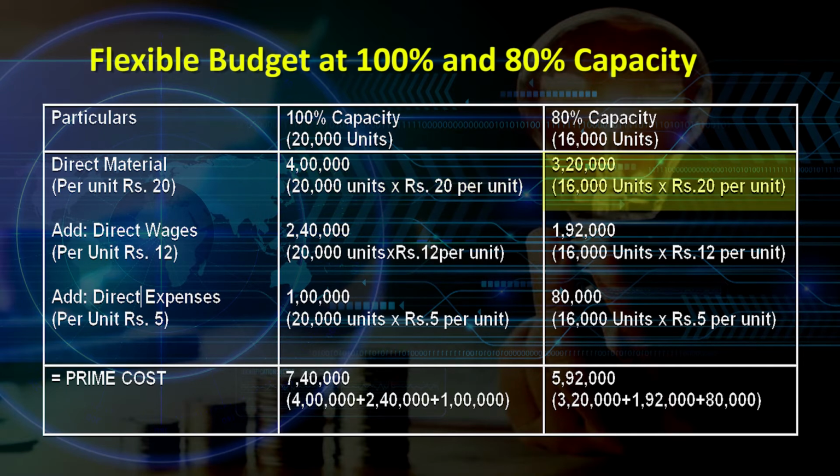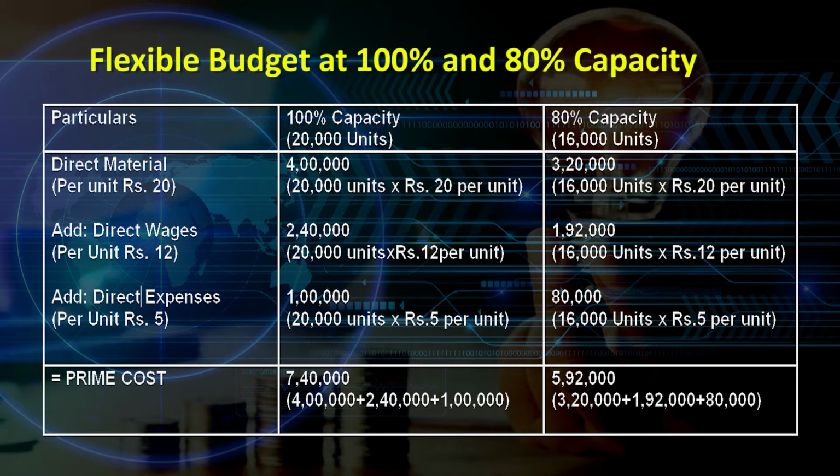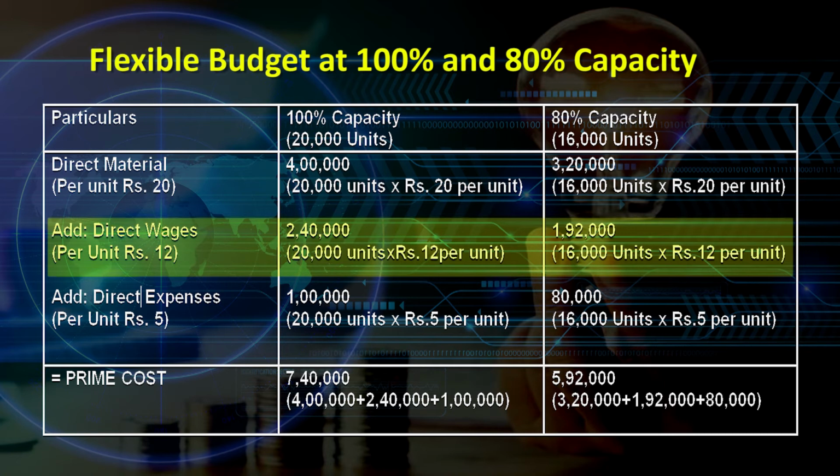Let us also now consider the material cost for 16,000 units. 16,000 units multiplied by rupees 20 per unit, the direct material cost will be rupees 3,20,000. Please put it in the third column, which shows the cost for 16,000 units. That was for the direct material cost. To this, let us now add the next cost, direct wages, which is given to be rupees 12 per unit.